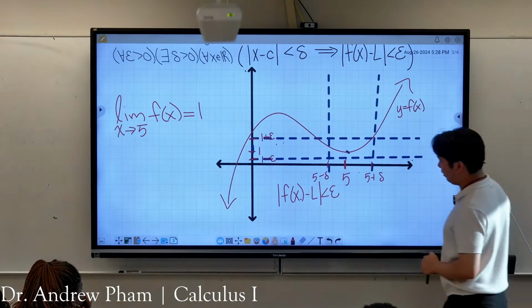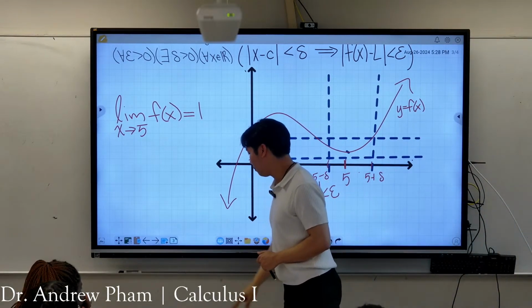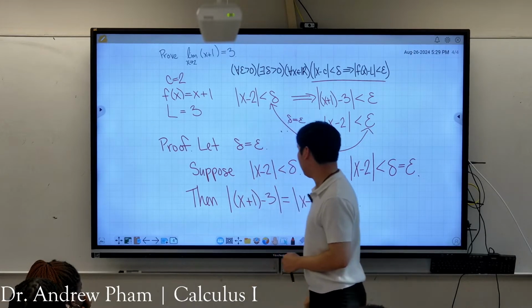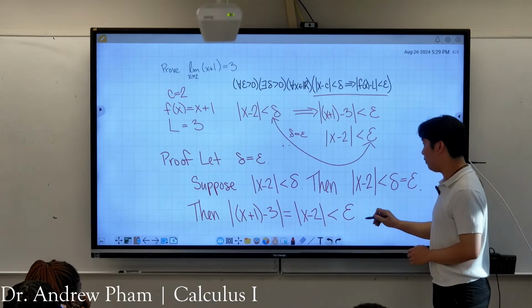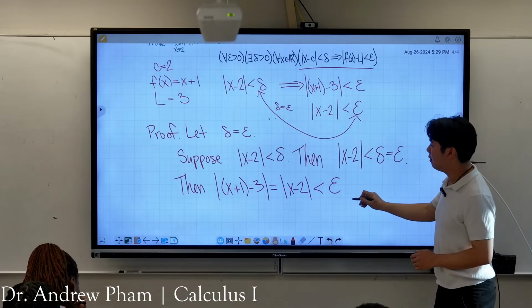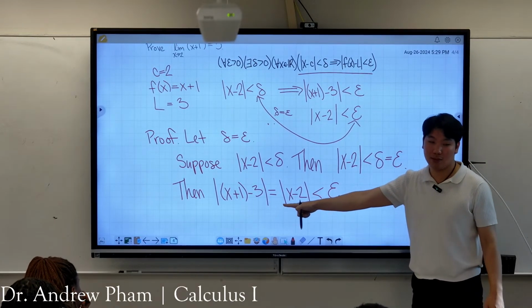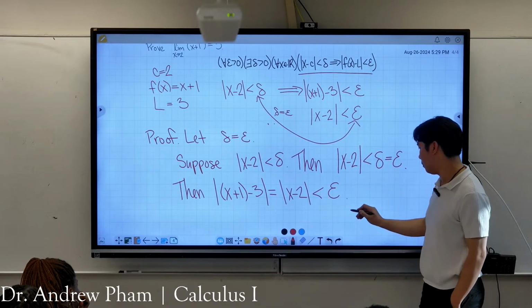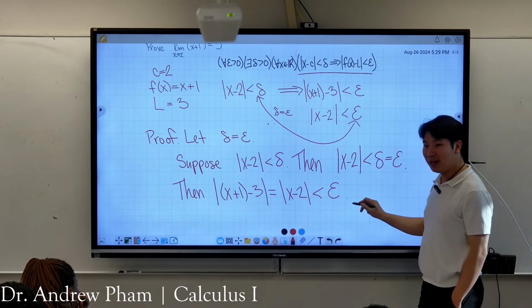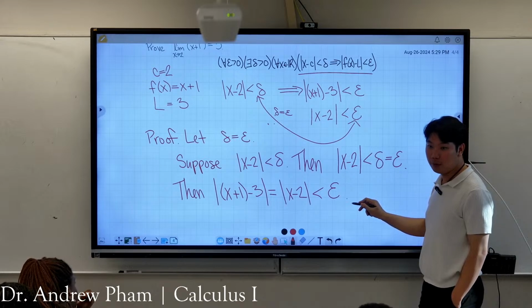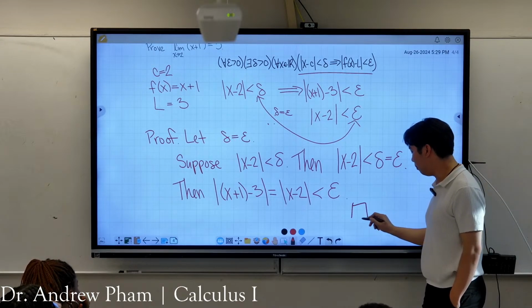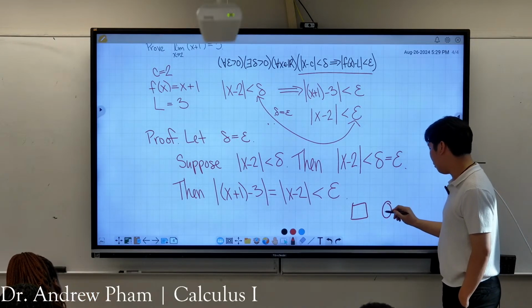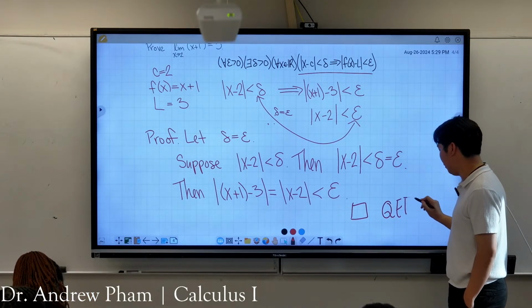All right, so I'm going to take a pause here. We ended up with the final result saying if this occurs, then this is less than epsilon, which was the end goal. Anyone remember what symbol I used at the end of a proof? Yeah, we had a little box. There's also another symbol that I use sometimes, QED.